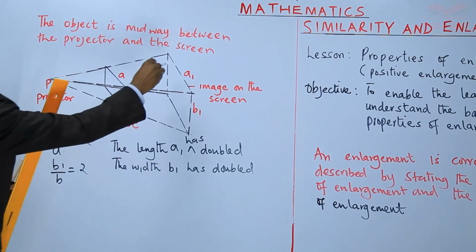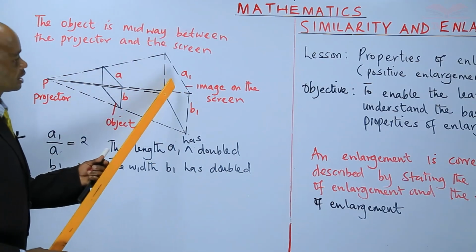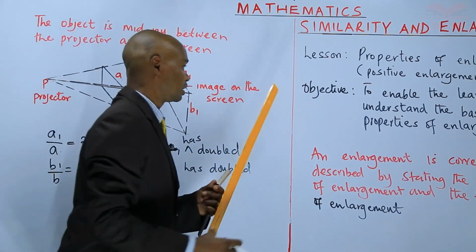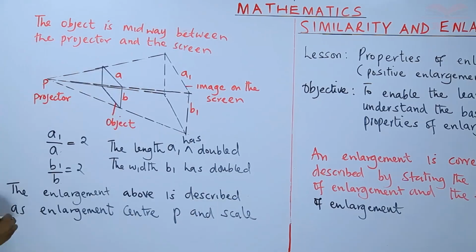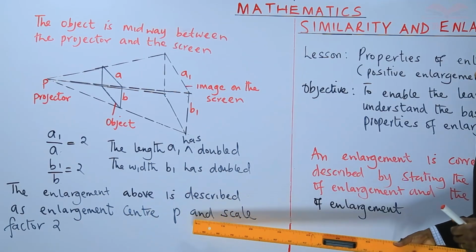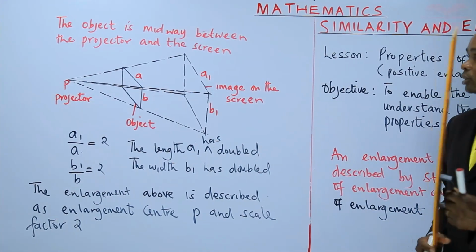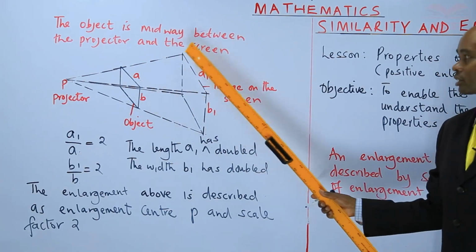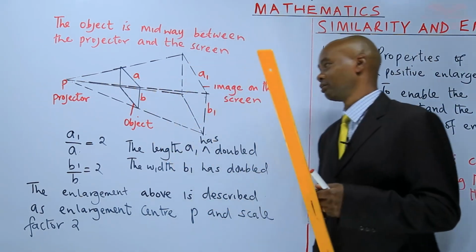Where the sides of the image have doubled, we describe that as enlargement center P and scale factor 2. The linear measurements of that object have increased by 2. They have doubled. So in such a case, we say the linear scale factor is 2.